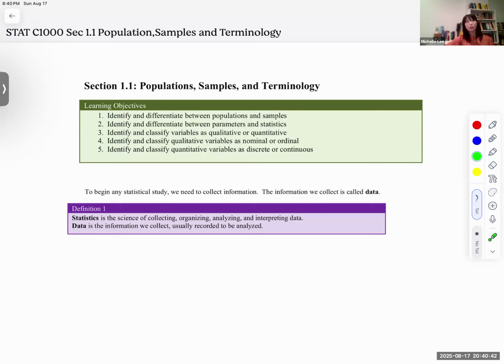Then there are two branches of statistics. One is descriptive statistics. Let me write it down. Descriptive statistics, let me pause a little bit.